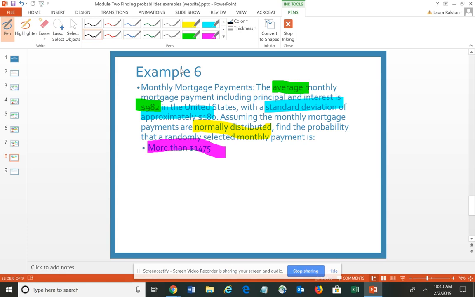So making notes of our information, X is approximately normal with a mean of 982, standard deviation of 180. Again, we want to find the probability that our payment is more than, greater than, above $1,475.